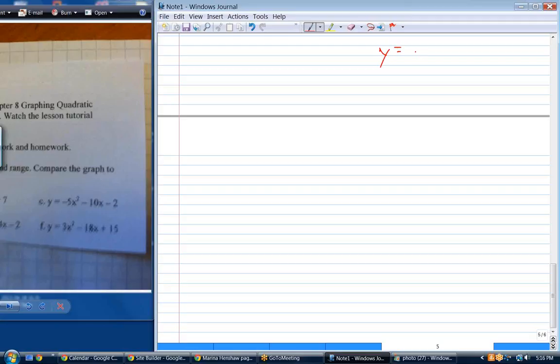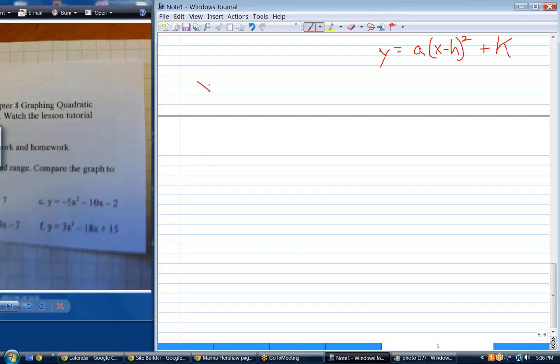Not for number C, just the standard. I've been writing it on every problem. Y equals x minus h squared plus k. Right. That's what we're going to try to get C into.